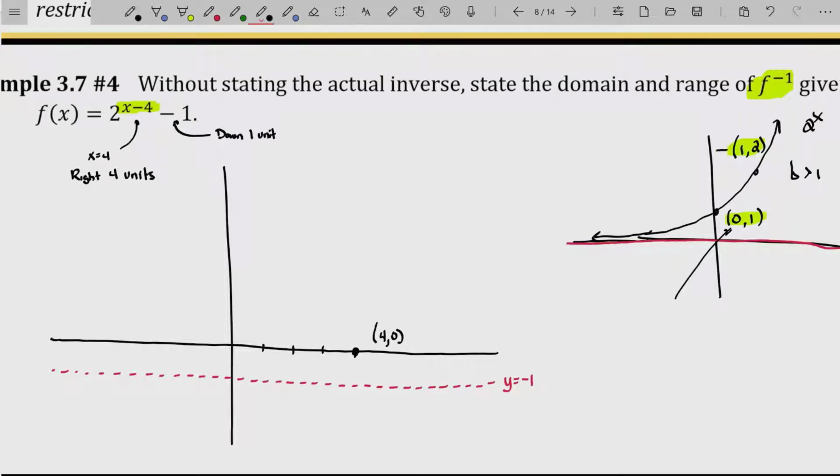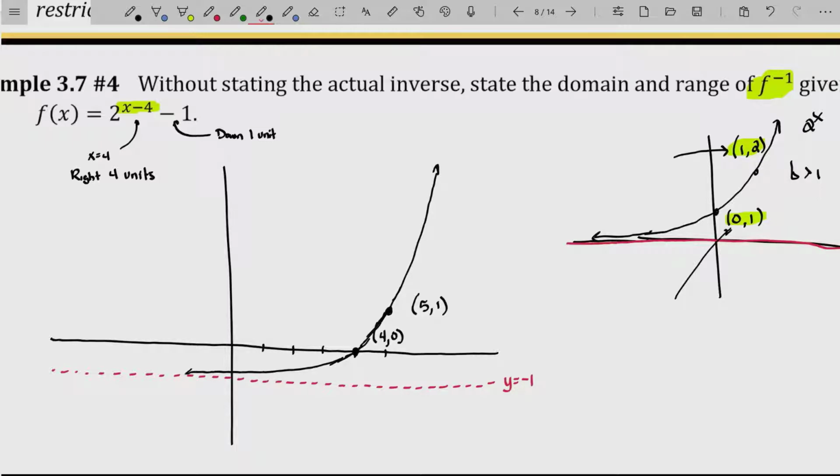Then 1, 2, this point right here. Again, I'll add 4 to its x value to become 5 and subtract 1 from its y value to become 1. So 5, 1. Let's just park that right there. And now I'll just connect those dots and make sure that I have an exponential looking function otherwise.